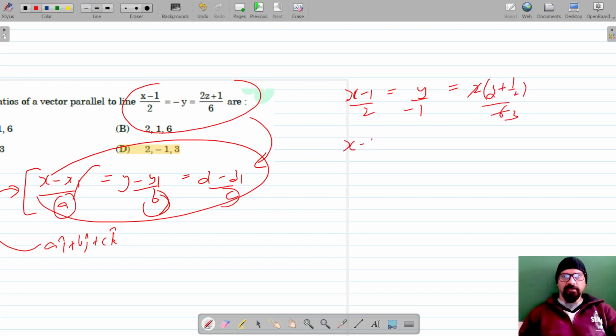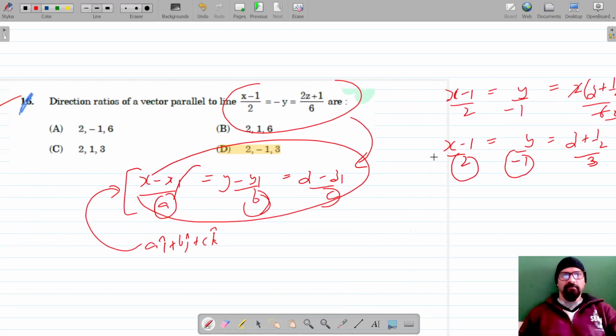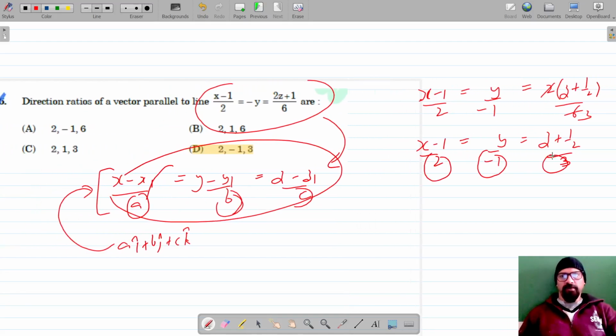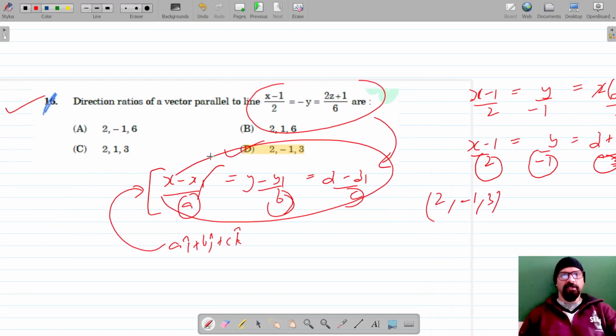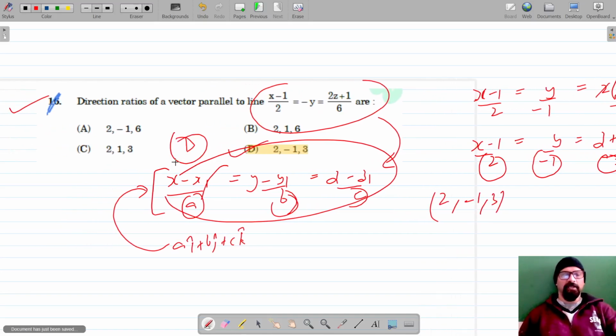Finally, our Cartesian equation of the line is x minus 1 by 2, y upon negative 1, and z plus 1 by 2 by 3. As I told you, these are the direction ratios of the vector parallel to this line. So the direction ratios are 2, negative 1 and 3, so D is the correct answer. Moving on to question number 17.